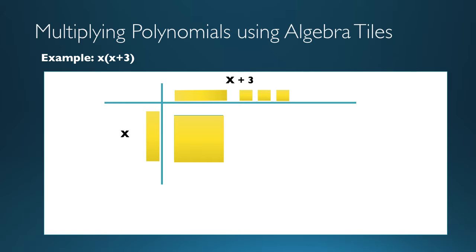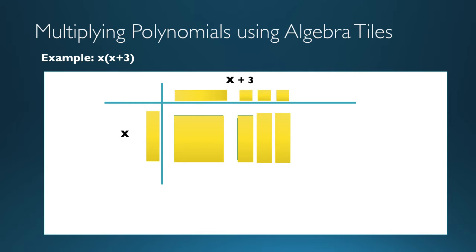Then I'm going to move on to my first 1 tile on the top. I'm going to take its length and multiply it by the x's length on the left. So I have 1 across the top and an x length on the side. If I fill in the spaces, I end up with a space that looks like a positive x tile.